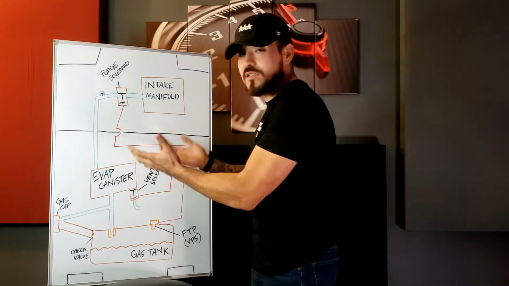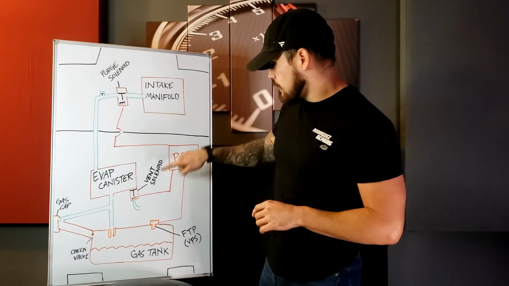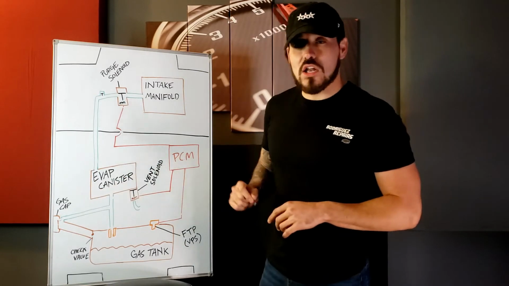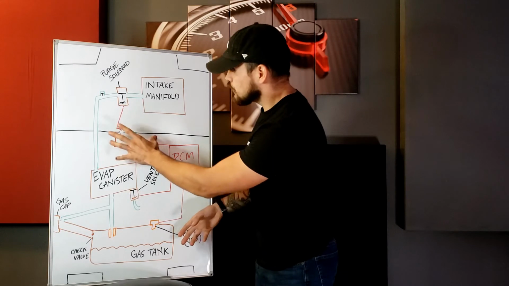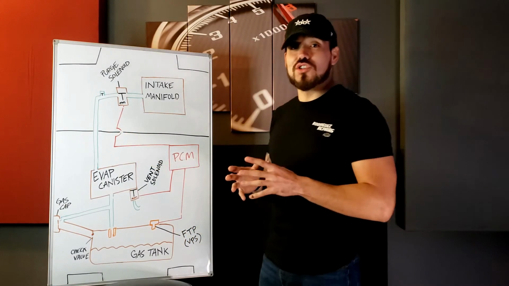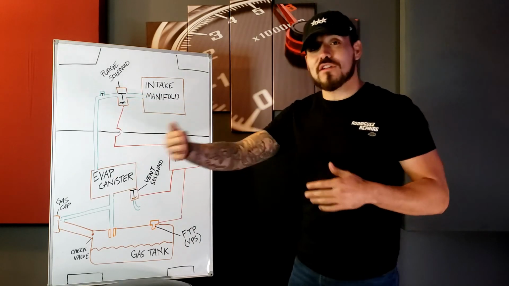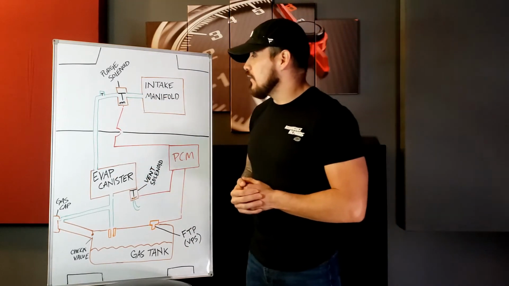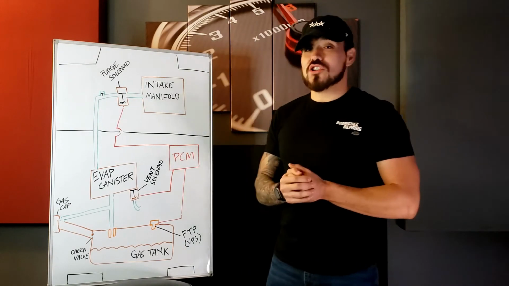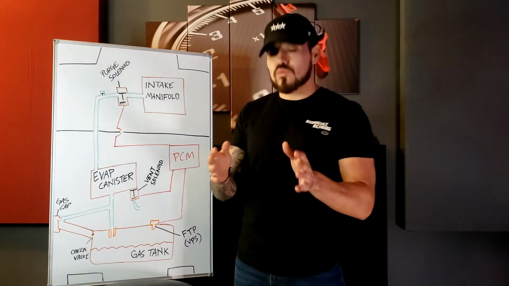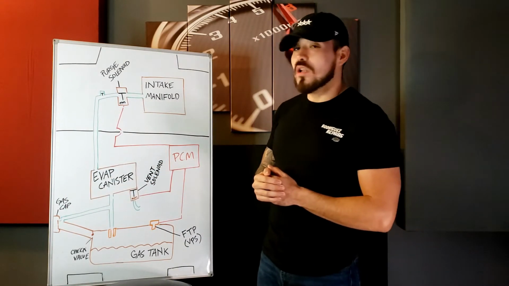Now every point of sealing is closed, and the computer is going to measure whether there's any decay of the vacuum over a period of time. Obviously, if the decay happens relatively quickly, that means this is potentially a large leak, and if the decay happens relatively slowly, that's going to account for a small leak.